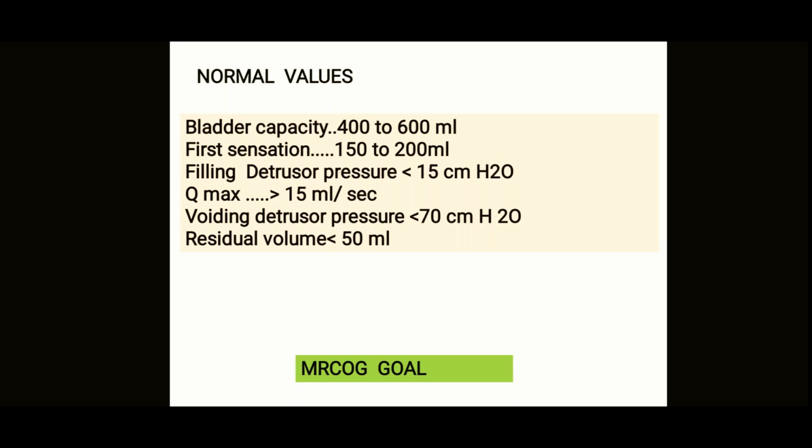So yes, the bladder capacity is reduced in bladder pain syndrome, and that can again be one of the charts that can come.